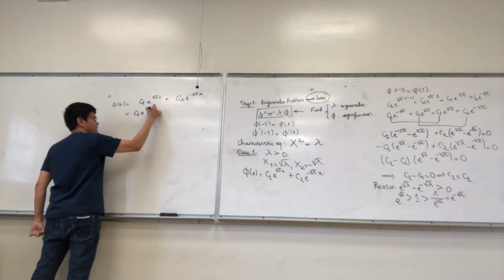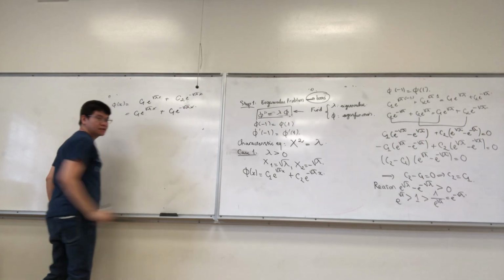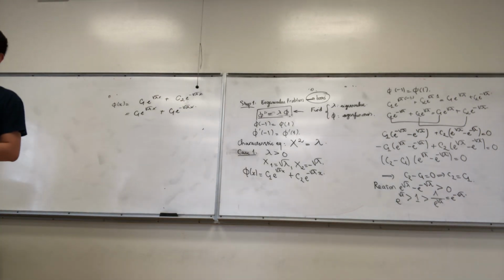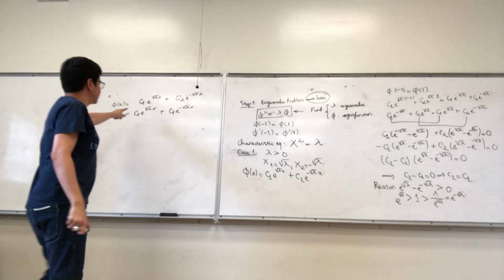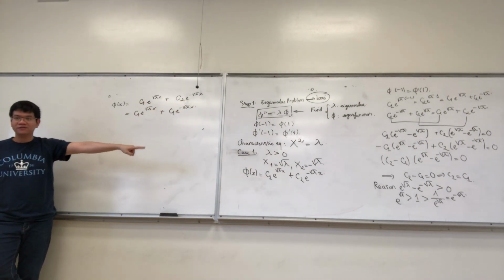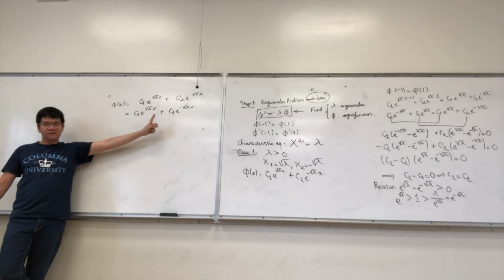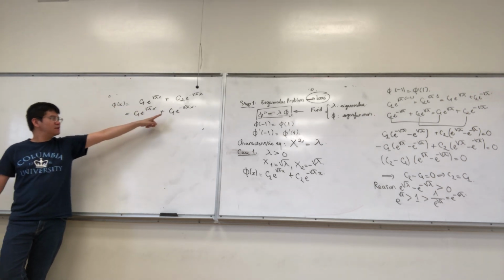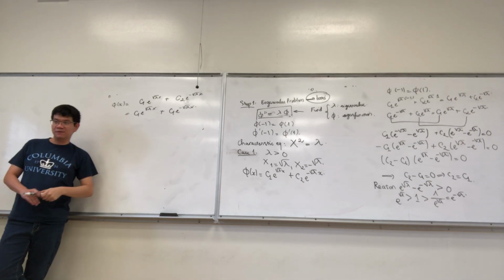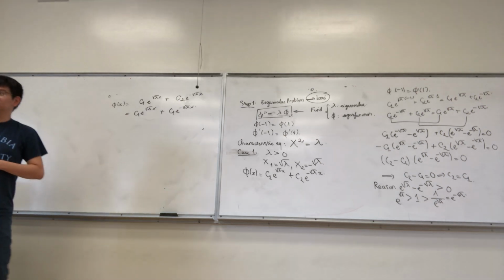All right? So this is the general form of the solution, but we know that C1 is equal to C2, so I replace C2 by C1, and I have C1 e to the square root of lambda x plus C1 e to the square root of minus lambda x. Right? What is the next step?